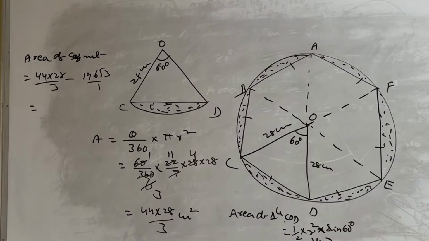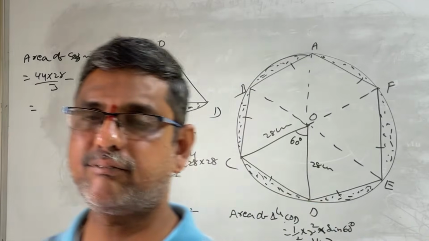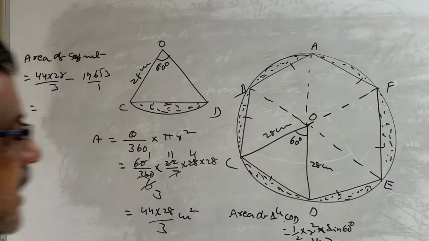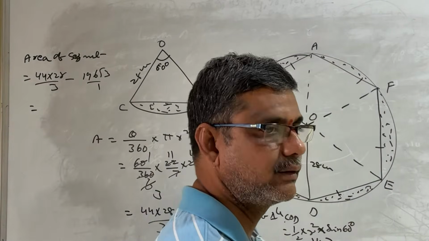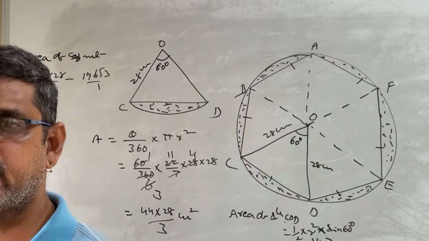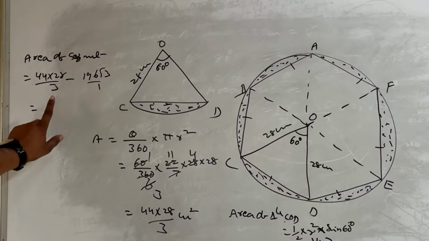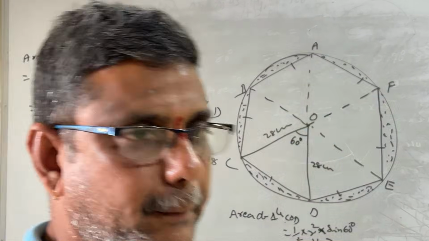After subtracting these two, we get the area of one segment. Because we can see 6 segments over here, 1, 2, 3, 4, 5, 6, whatever answer you get, multiply it with 6. Okay?